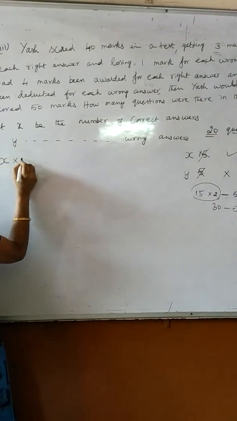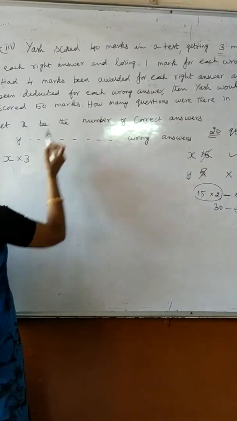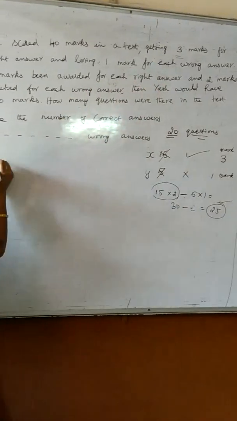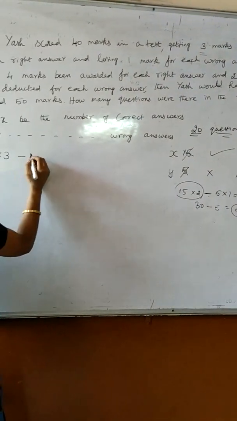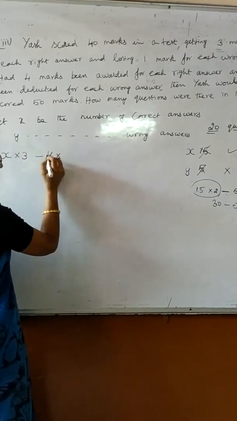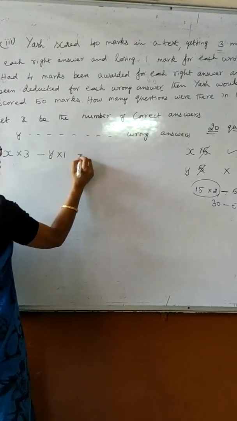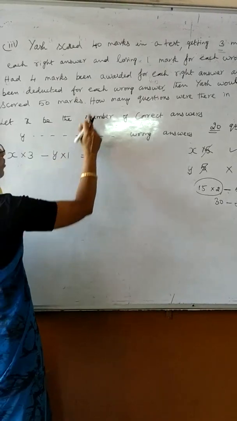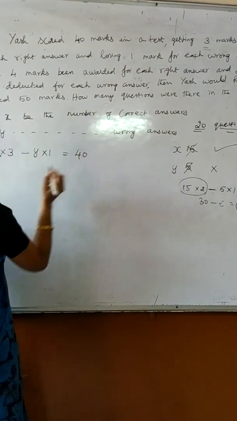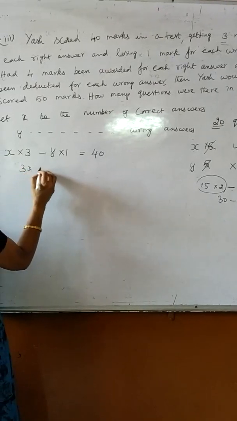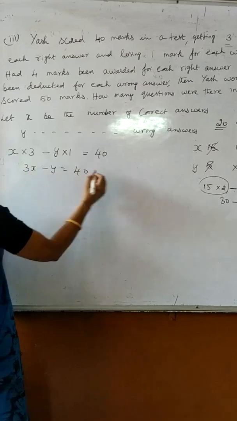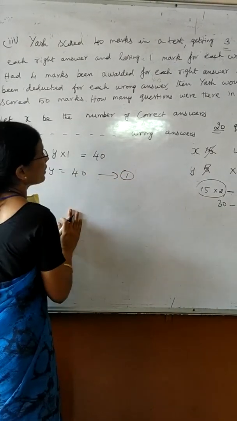Therefore, we multiply x by 3. Losing 1 mark for each wrong answer, therefore minus. How many wrong answers? y wrong answers. What is the score of each wrong answer? 1. So this gives the total score of the student. How much has the student scored? 40 marks. So the first equation is 3x minus y equal to 40.